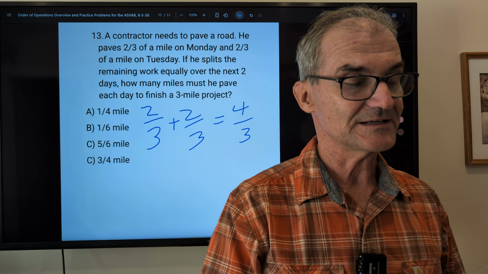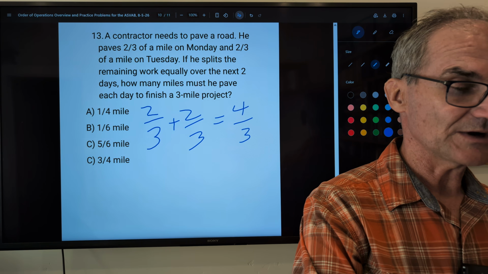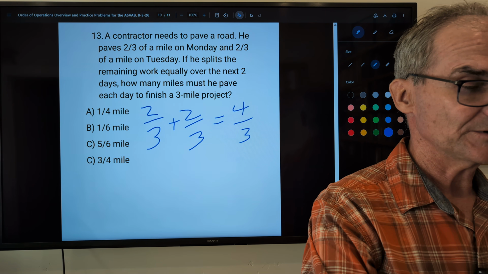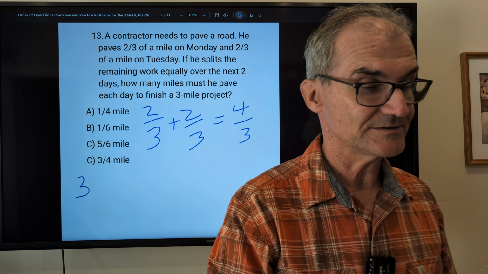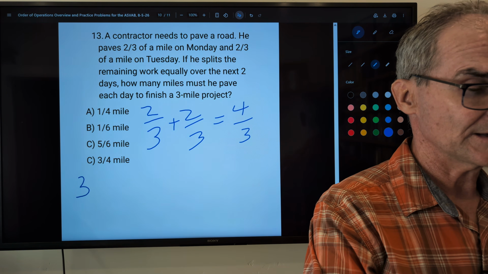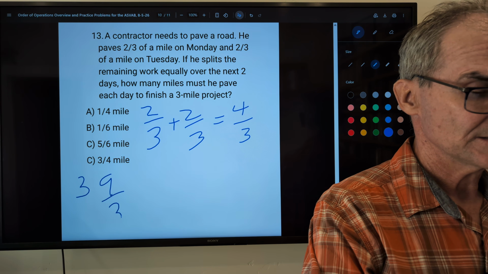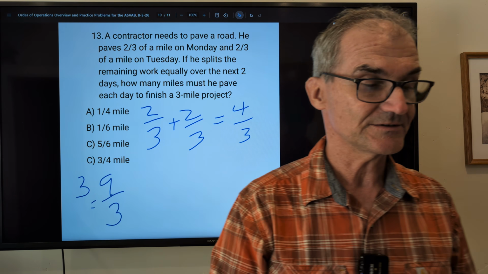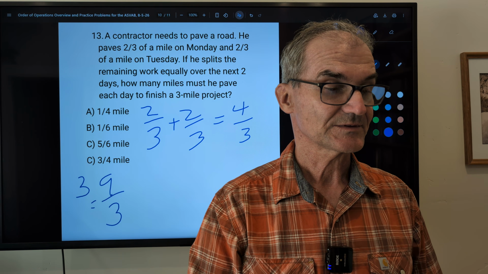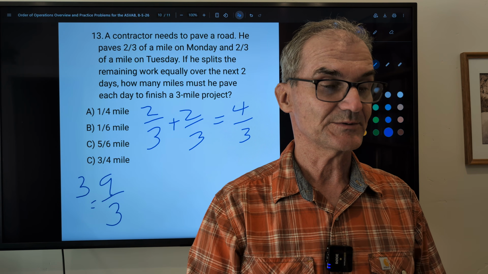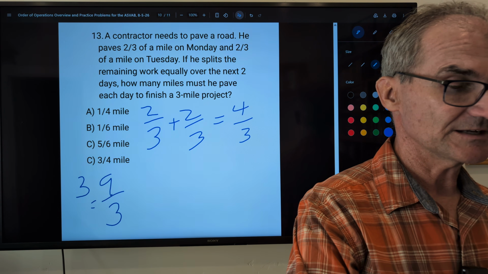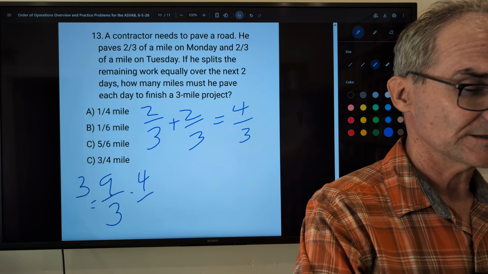So the next 2 days. So it's a 3-mile project. So I got 3 miles. I want to convert that into thirds. So that's the same thing as 9/3. So the total project is 9/3, right? 3 miles. Total project is 9/3. He has done 4/3.